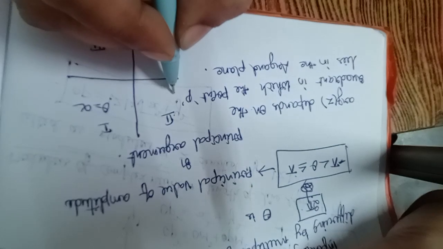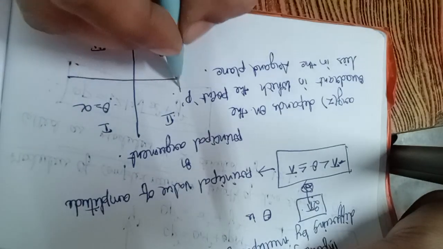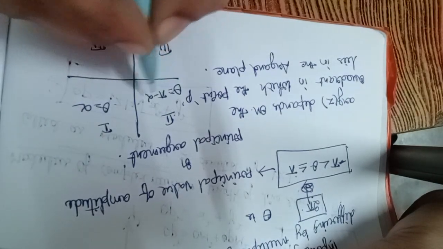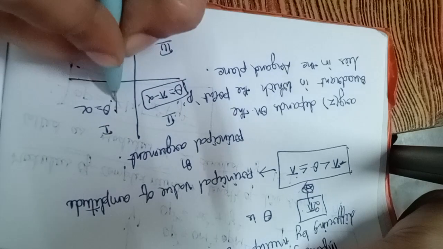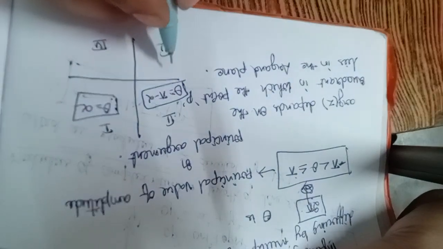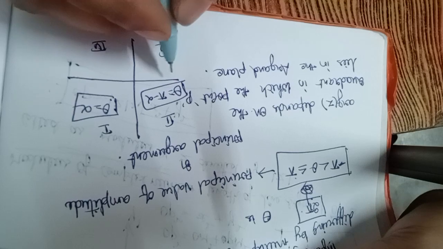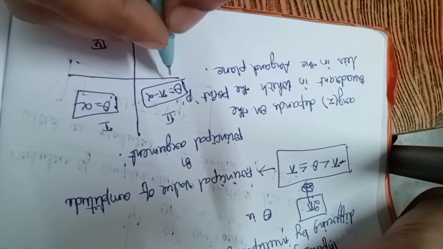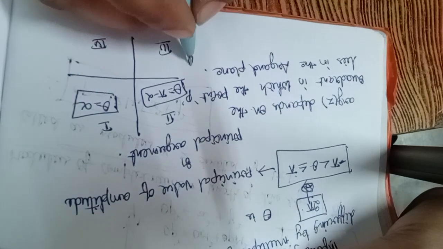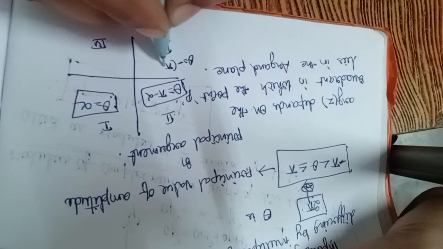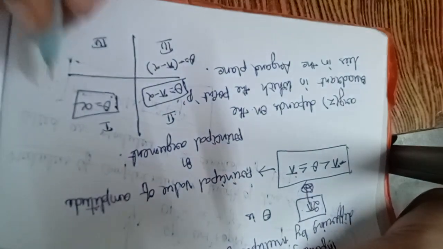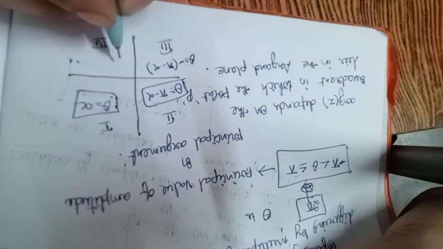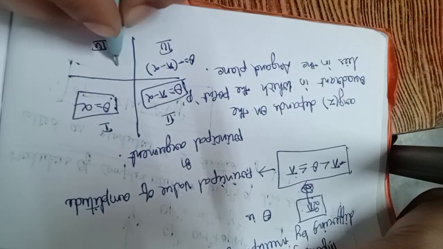In the second quadrant, theta equals pi minus alpha. In the third quadrant, theta equals minus of pi minus alpha, and in the fourth quadrant, theta equals minus alpha.